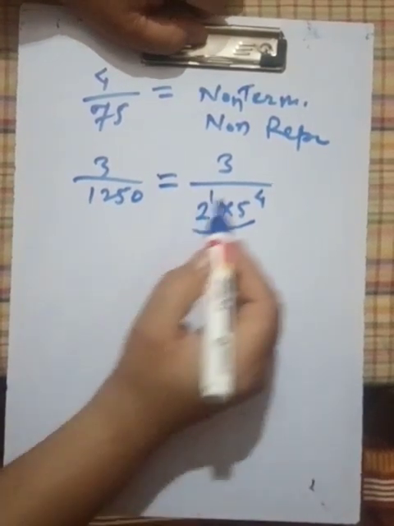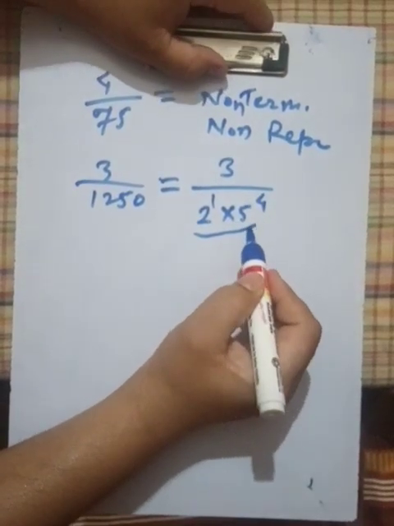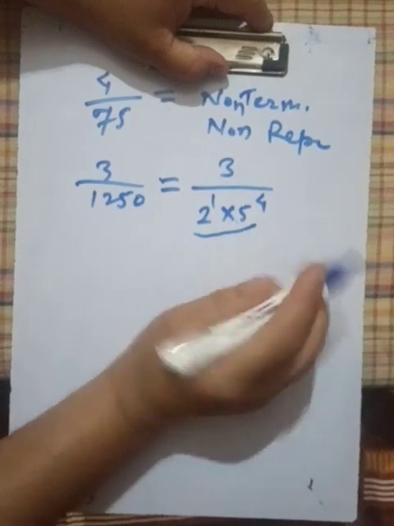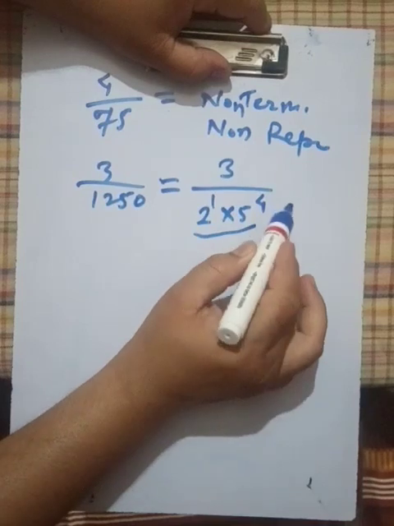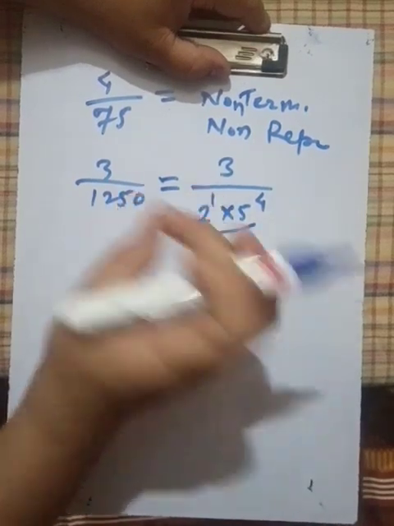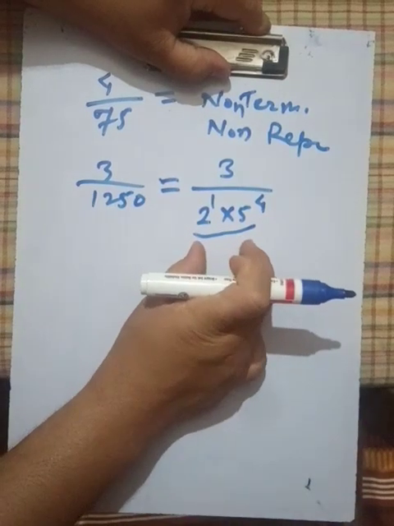If I understood this number is terminating, in this situation I have to find after how many digits after the decimal it will terminate. For that, whether it is proper or improper, if it is a fraction, after going to the lowest terms we go for factorization of the denominator.